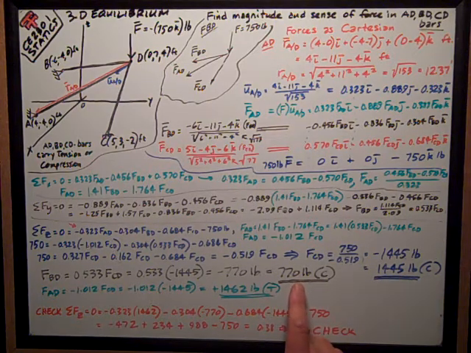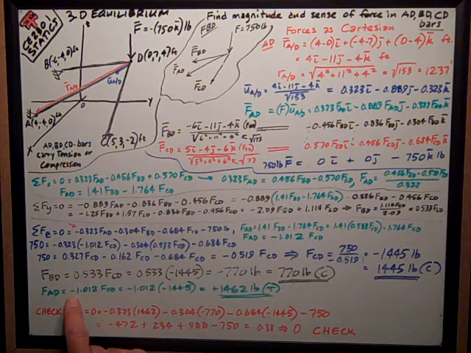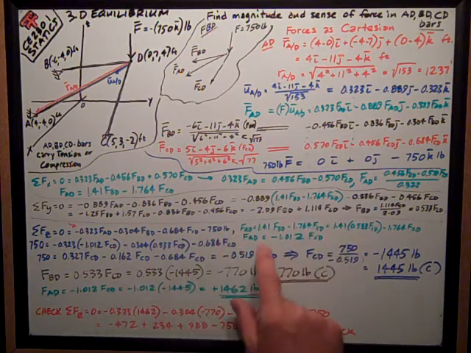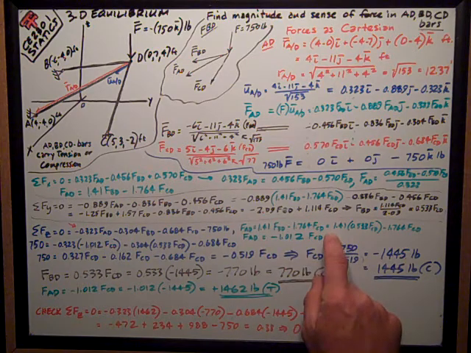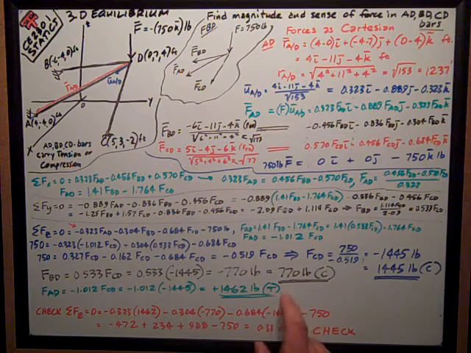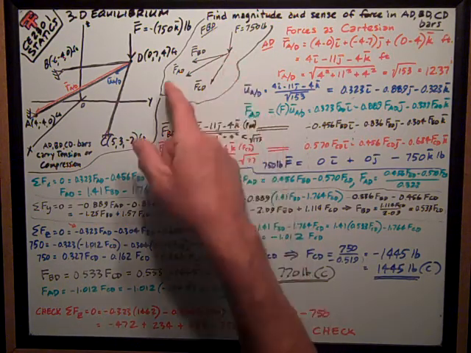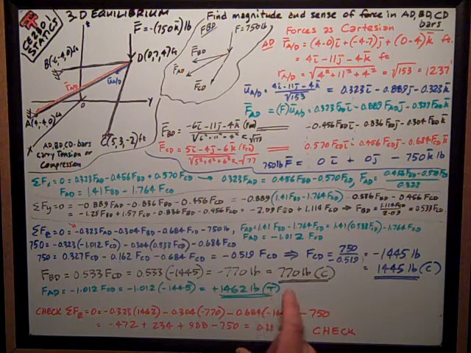And I get 770 pounds compression. Finally, FAD, go back up to this expression right here where I solved for it just in terms of FCD. Plug in the numbers. I get 1462 positive, which means it is in tension, like I assumed it. And so I report that as that answer.